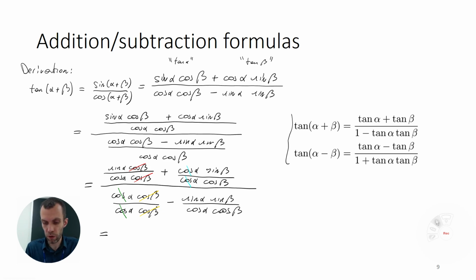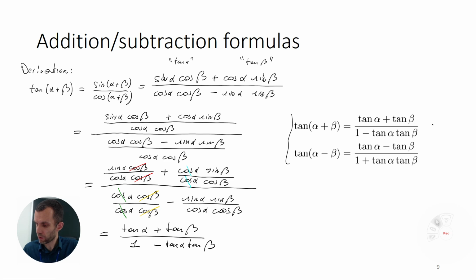Now if you look at what remains, sine alpha over cosine alpha, that's tan alpha, that's great, that's what we wanted. Sine beta over cosine beta, that's tan beta, wonderful. Here everything disappears and we're left with 1 minus, and then here we have sine alpha over cosine alpha, that's tan alpha, sine beta over cosine beta, tan beta.